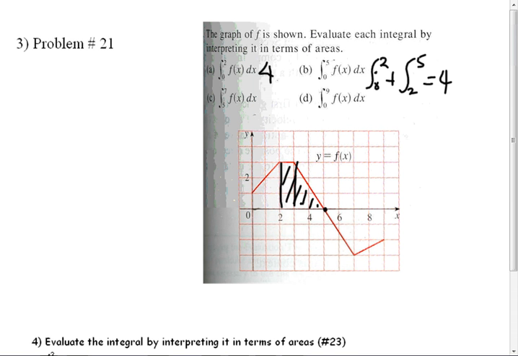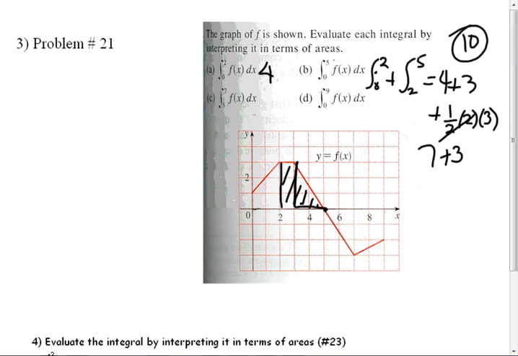You probably have to do a triangle. So that's 3 plus 1/2. The base of this triangle is 2 and the height is 3. I want to get it right. So it's 7 plus 3, so that should be 10. Did I do that right? That's all it's asking for.